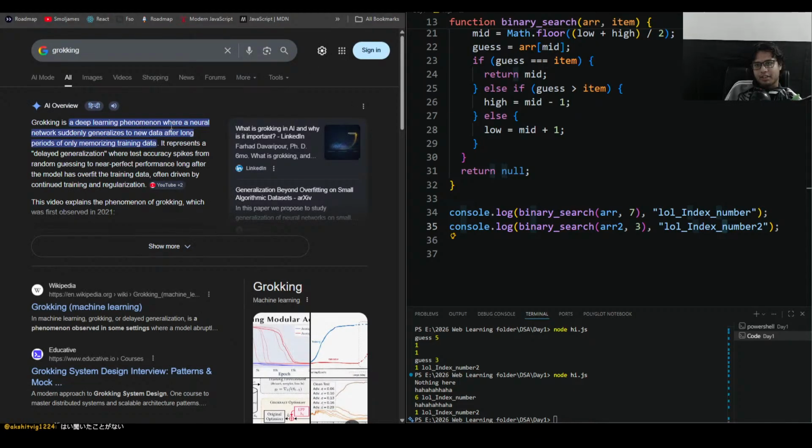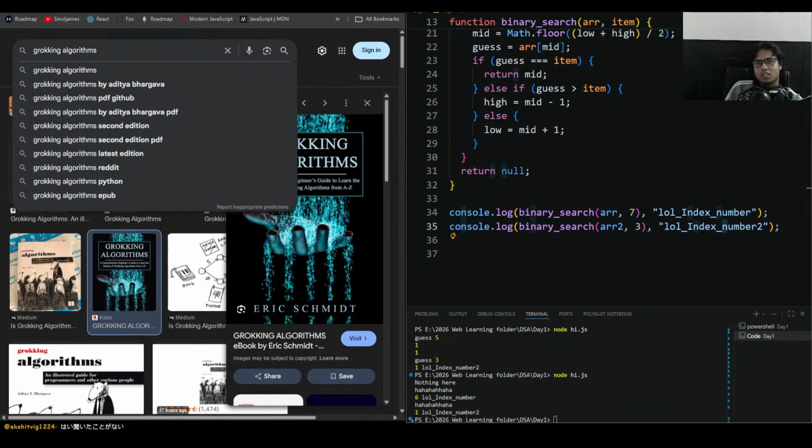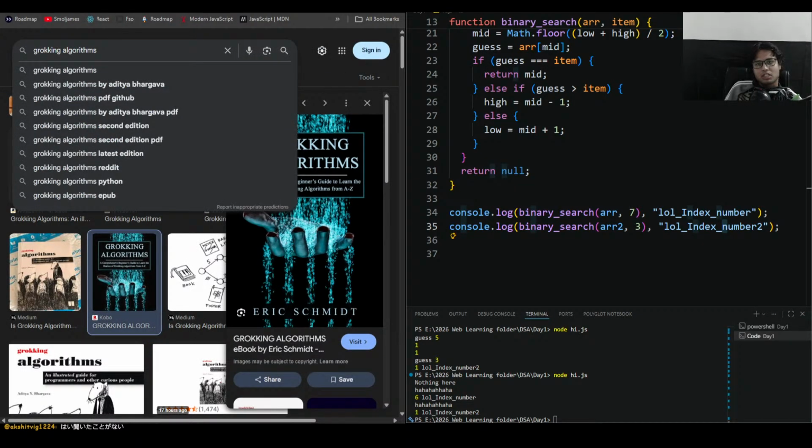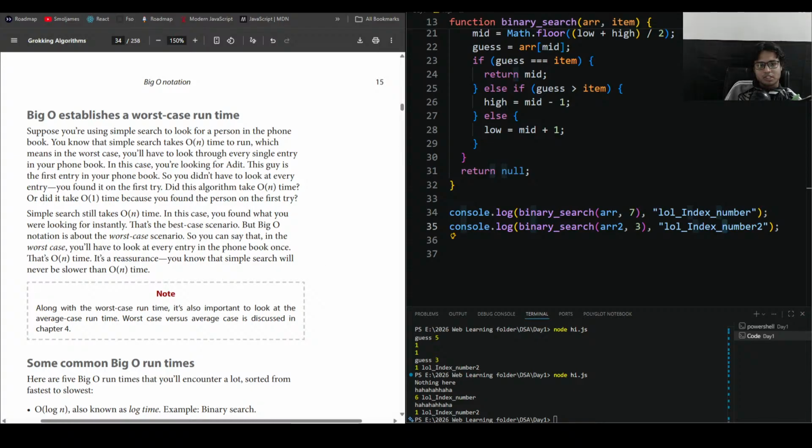A deep learning phenomenon where a neural network suddenly generalizes to new data after a long period of only memorizing training data. Damn. Oh, she was from China.